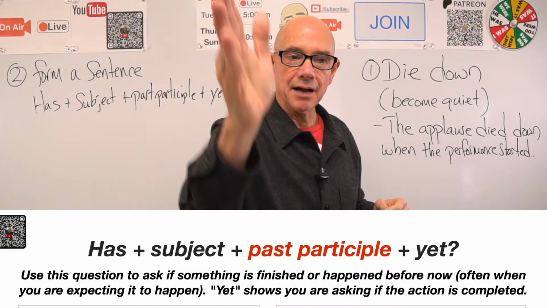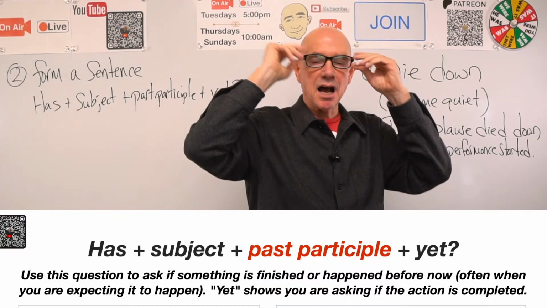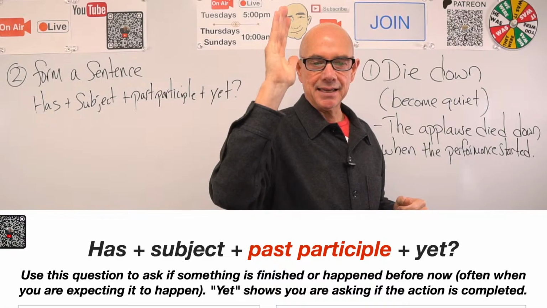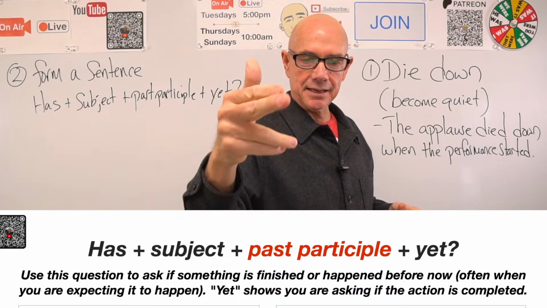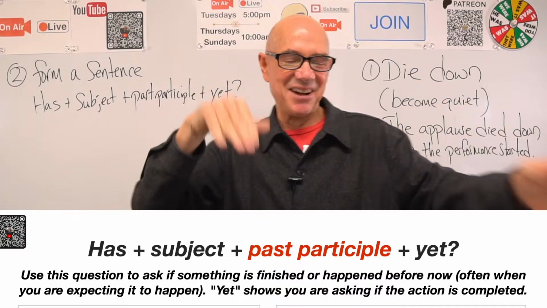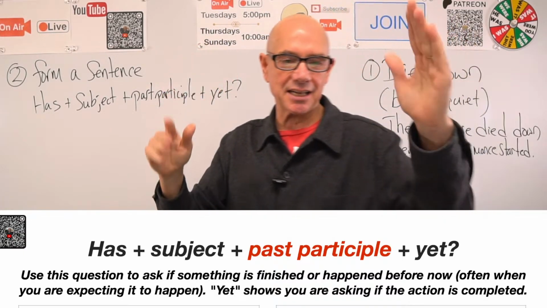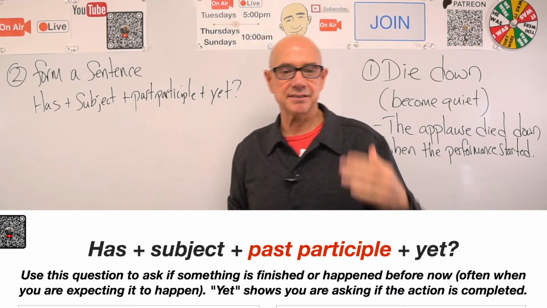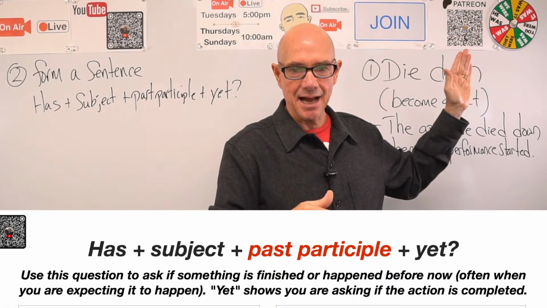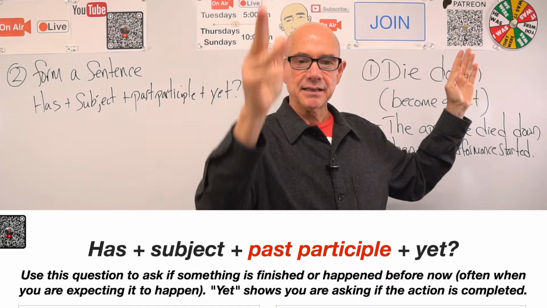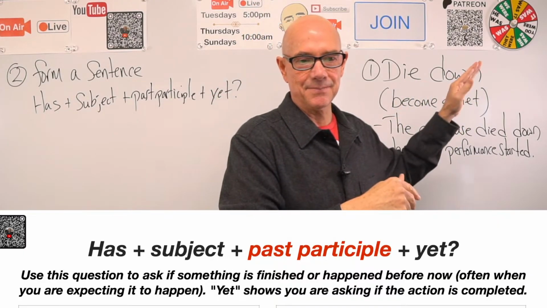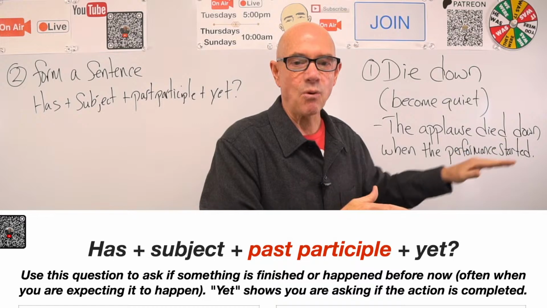Okay, so I want to see your sentences, of course. Okay, Iman, you got a lot of sentences. Great. Katie too. I have to go back up in the chat because I'm missing your sentences. Katie, the music was dying down. The show was over. Yep. So the music became quieter.